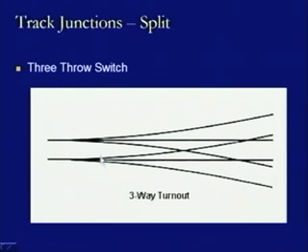Now, here what we can see is that we are having one pair of points and switches being provided at this location, which allows the traffic to move either straight or in this way or in this direction. And here what we found is that there is a connectivity of this curved rail at this location, at the same time there is a connectivity of this one also at this location with respect to this lead rail, which is a continuous lead rail.